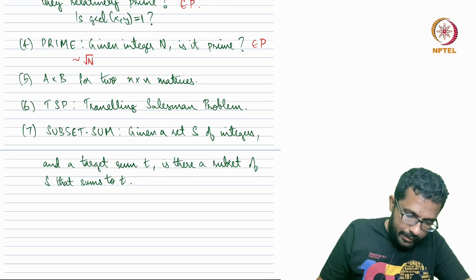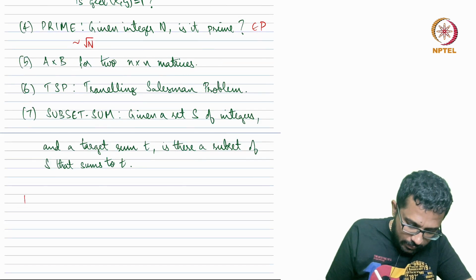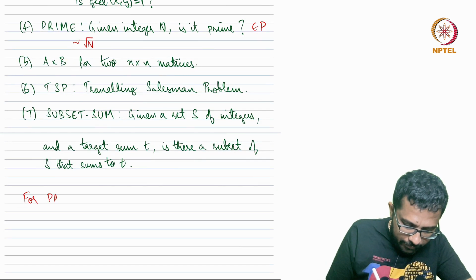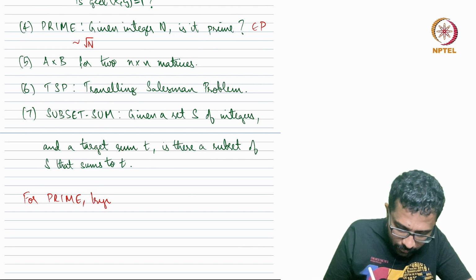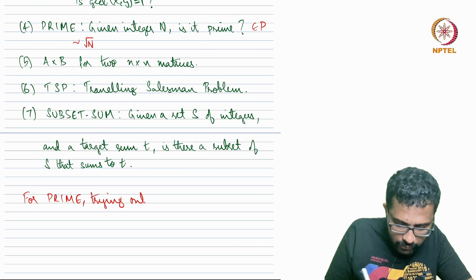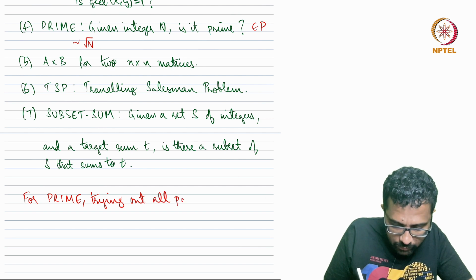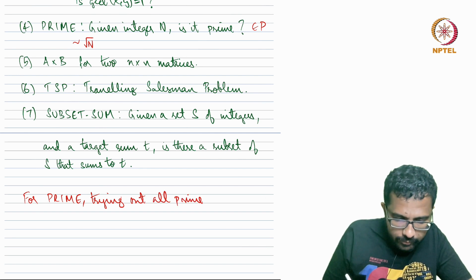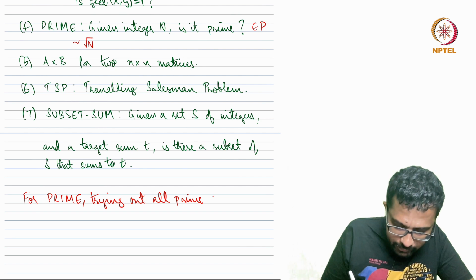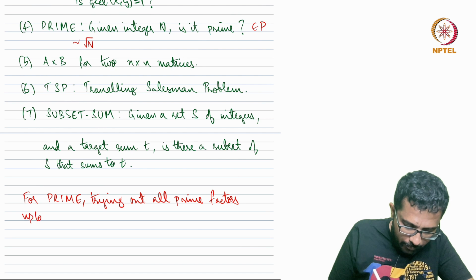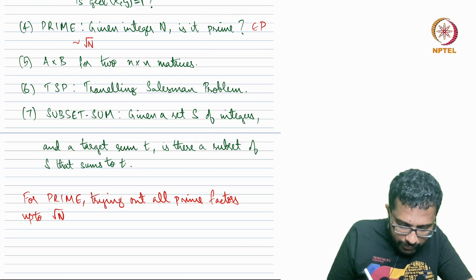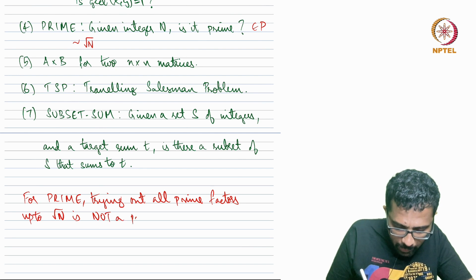Maybe I will just write here: for prime, trying out all prime factors up to square root n is not a polynomial time approach.